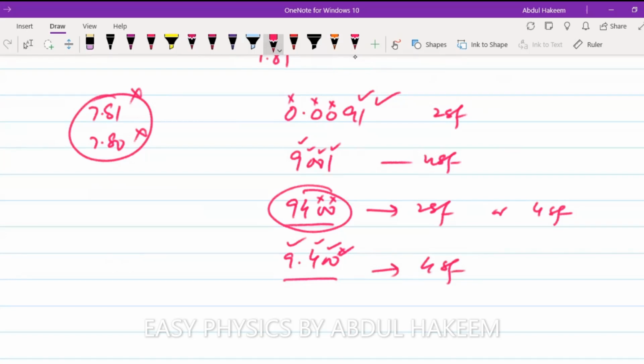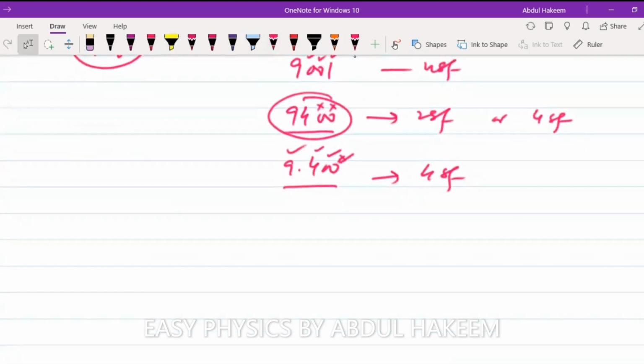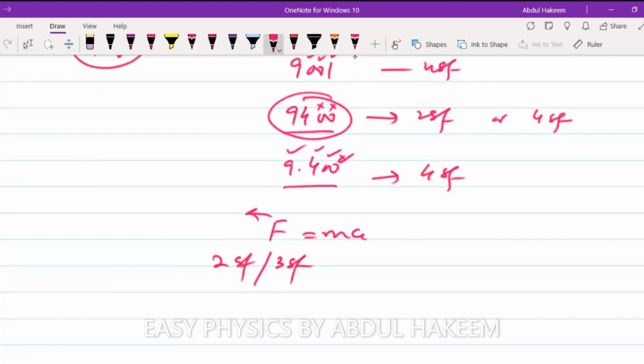And the next, if we are calculating any quantity from any formula and we are using the same number of significant figures, for example, the mass is 2 significant figures, the acceleration is 2 significant figures, and F is equal to ma, when force is calculated, the answer will be quoted in 2 significant figures, or 3 significant figures will be acceptable.